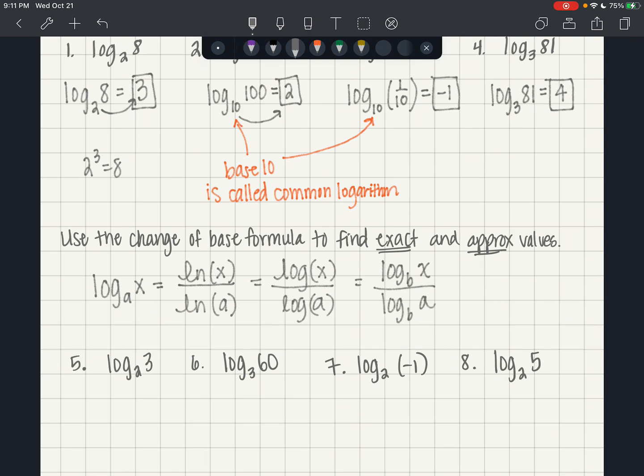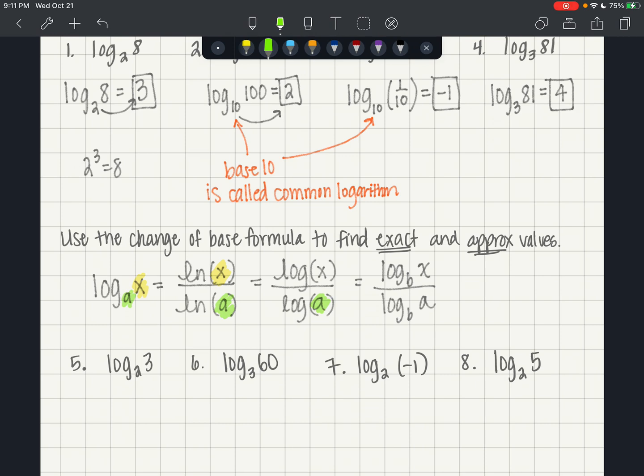The idea is that, let's use a highlighter so that you can see this. In every case, you're going to have the logarithm's argument in the numerator and the base in the denominator.